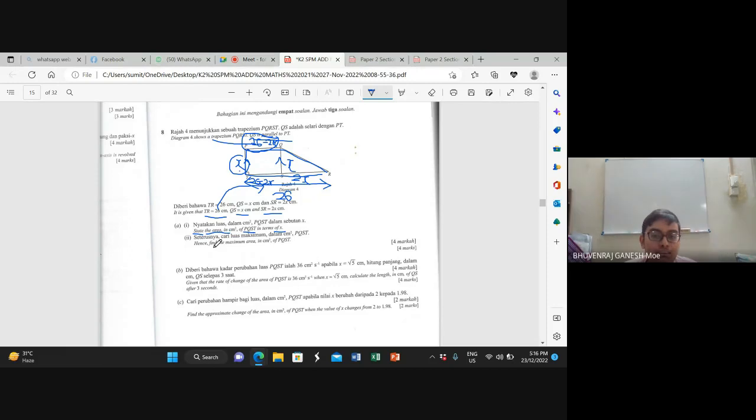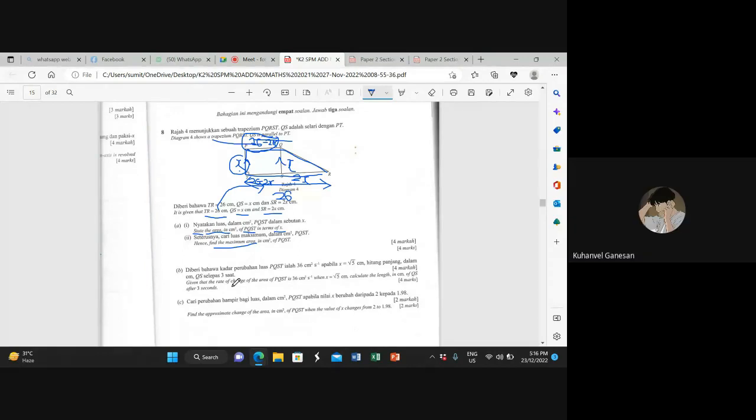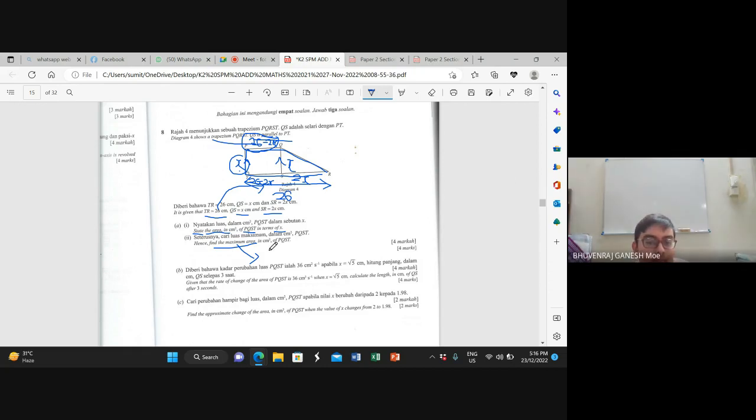Next, when they say maximum area, what is our assumption? Maximum area should be the maximum value x can be. Yeah, correct. So what will we assume?